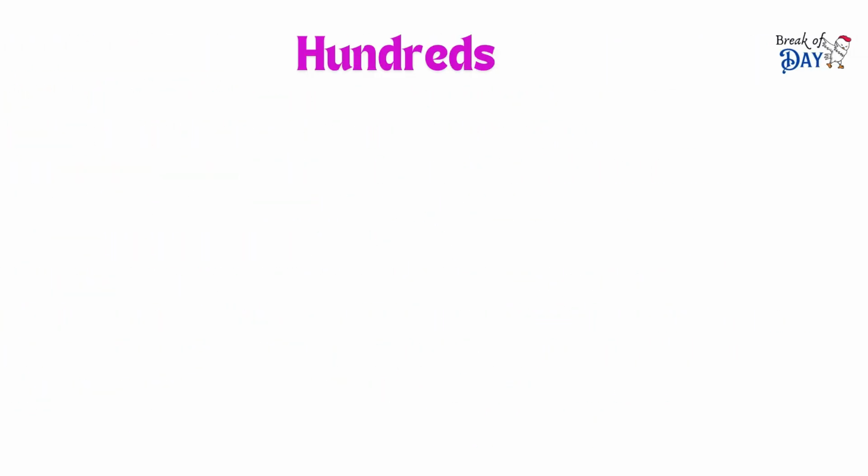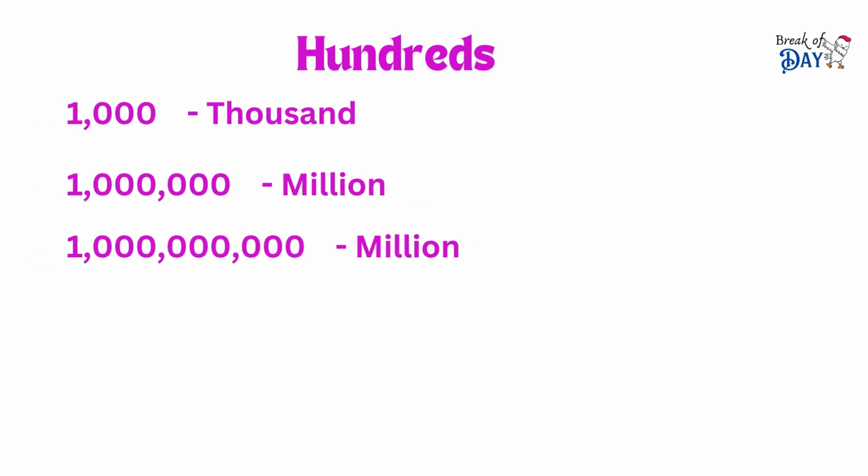Now that we have covered the basics, let's look at some large numbers. When we talk about numbers in the thousands, millions, or even billions, the pattern remains the same. For example, 100 is read as 100, 200 is read as 200, 300 is read as 300.